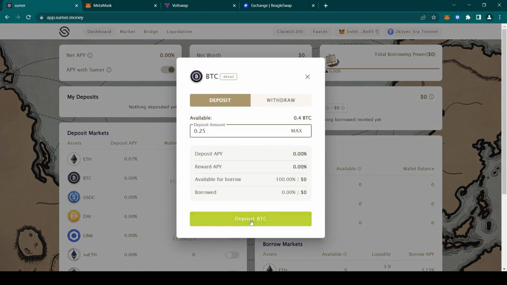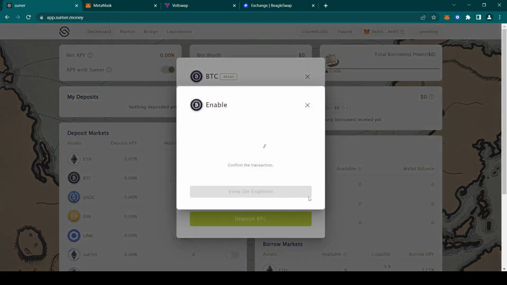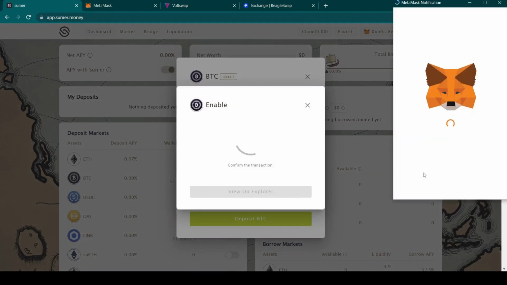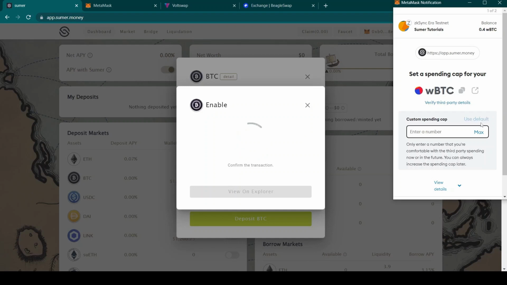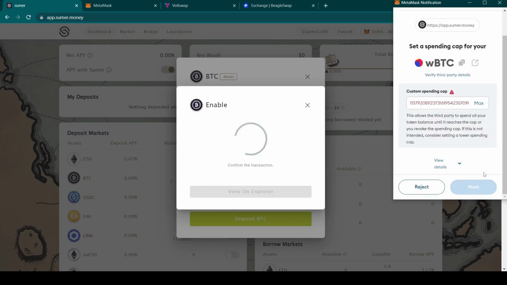We will deposit 0.25 BTC into the Sumer deposit market. For the approval transaction, we will use the default spending cap.